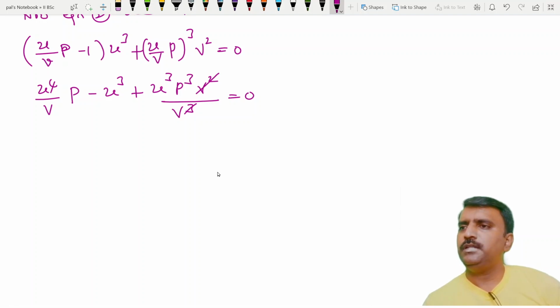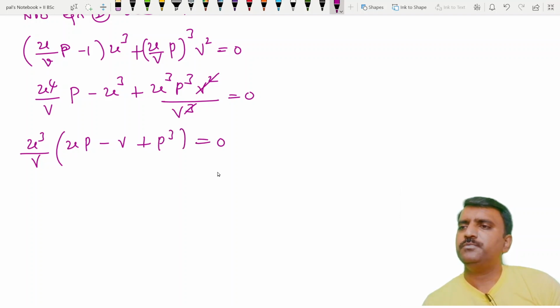you can take u cube by v as a common factor. Then the remaining is u into P minus v, plus, if this u cube by v comes outside, the remaining here is P cube, is equal to 0.